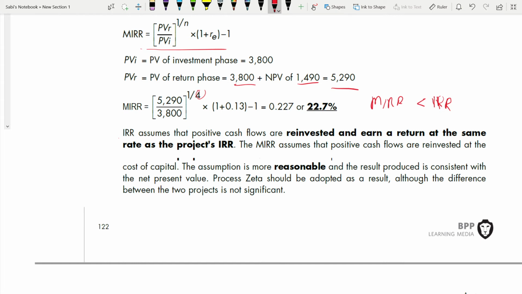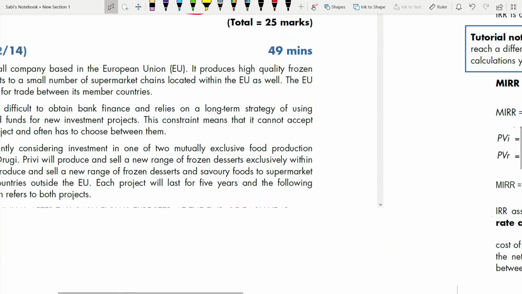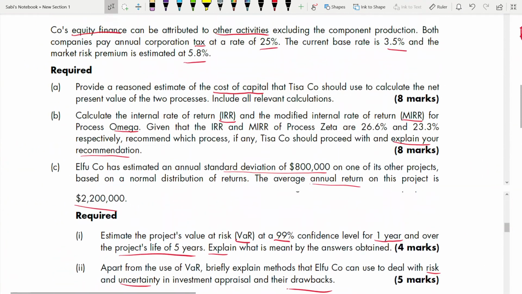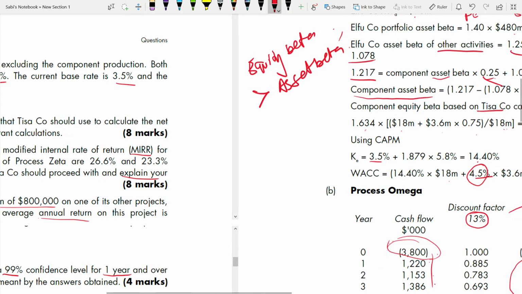Project zeta has to be, they are saying zeta, they are not saying omega. Let's go to zeta. So zeta's IRR is 26.6% and MIRR is 23.3%, right? Even though the difference is not significant, they are saying that it should be accepted.